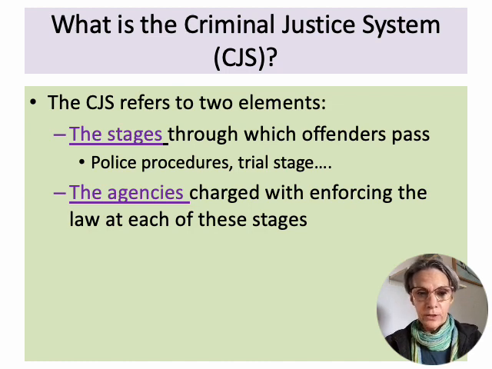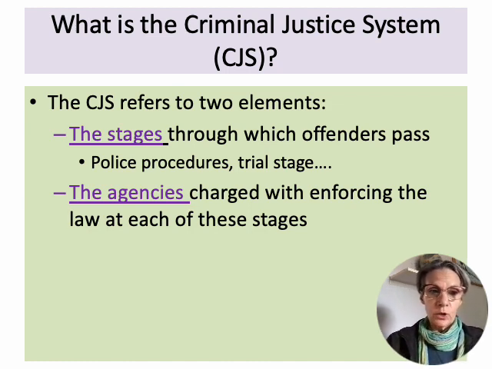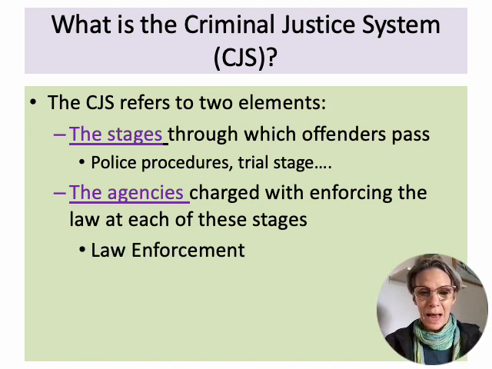Okay. So when it comes to police procedures, that's a stage within the criminal justice system, but it's law enforcement that's responsible for implementing the specific steps within the police procedure stage. Law enforcement would include the Milwaukee Police Department or the Waukesha Police Department, right?